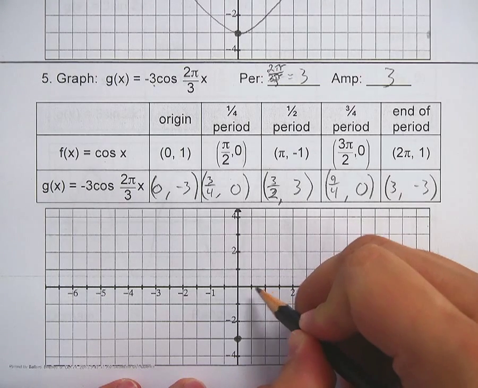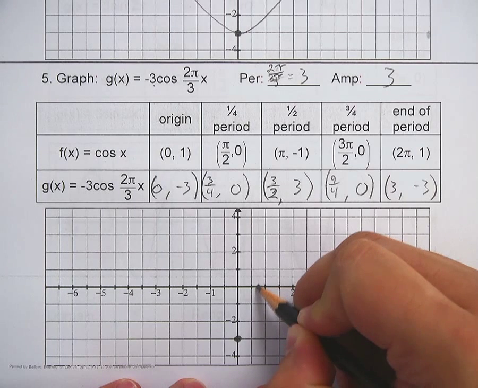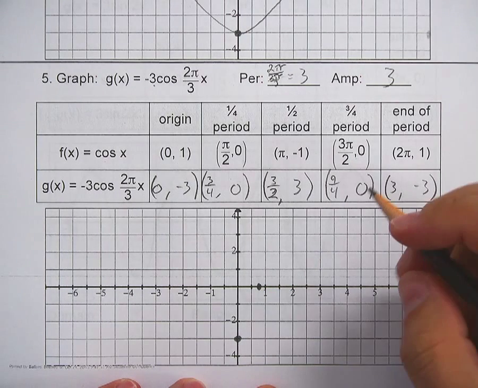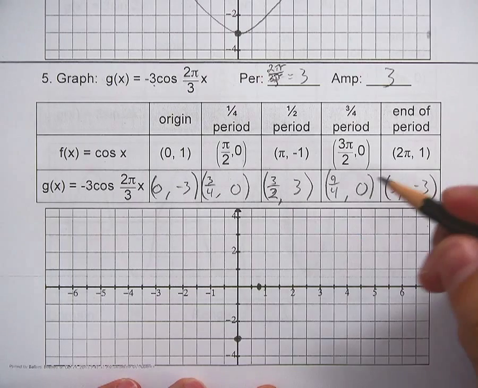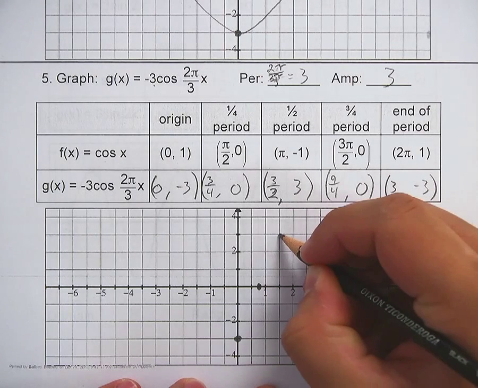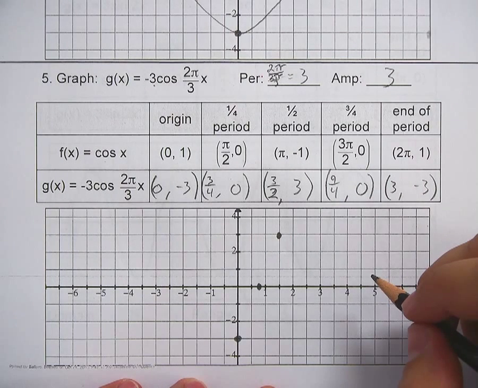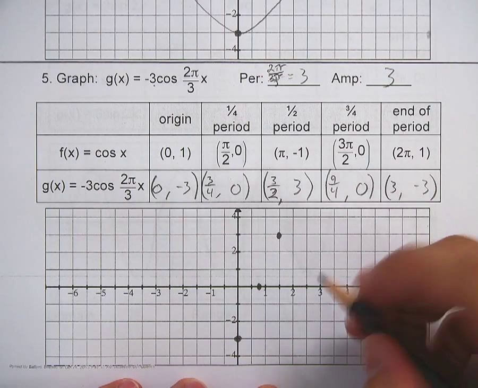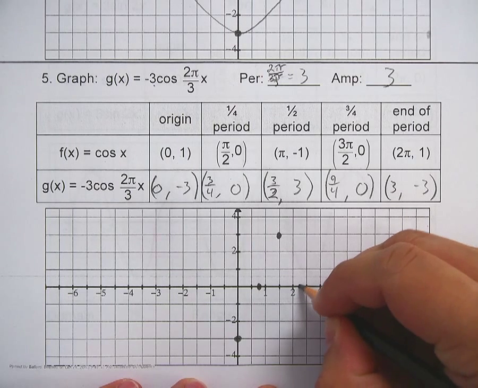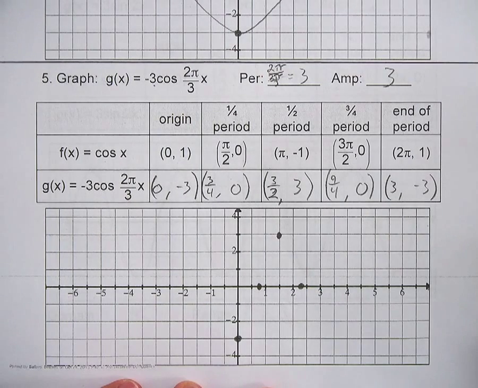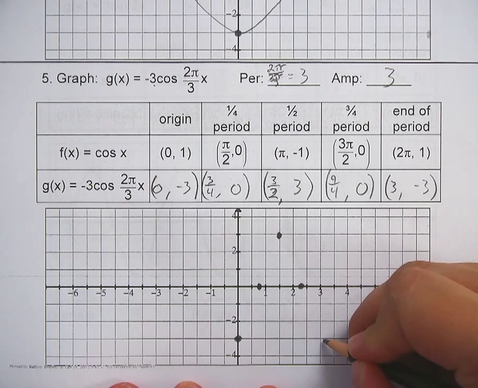This is 1, this is 1/2, 3/4 is going to be right in the middle, 0. All right, 3/2 here is 3. 9/4 is 2 1/4. 3, -3.